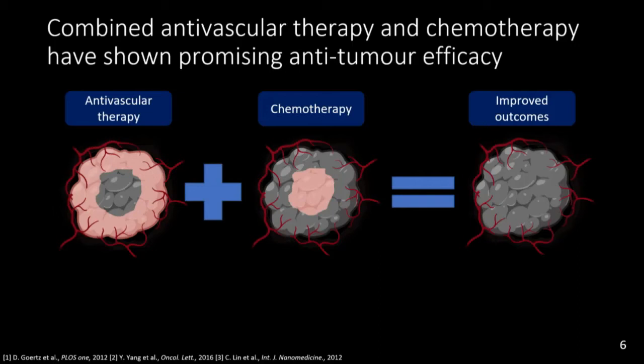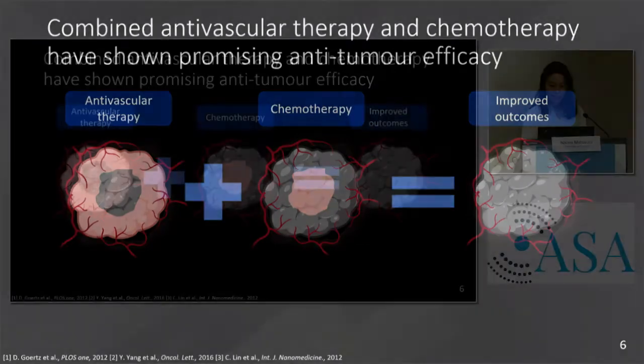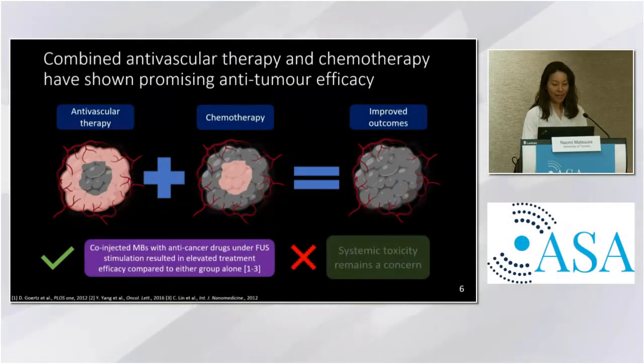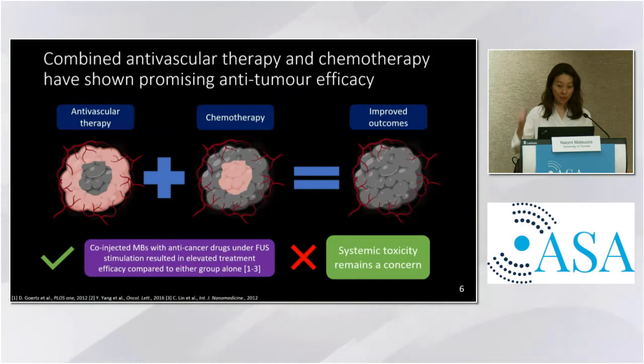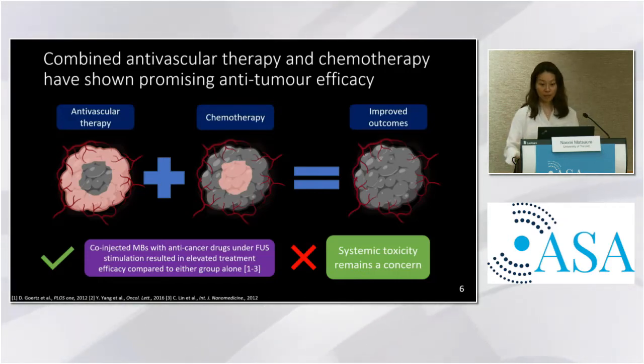Really what we're trying to do is combine this concept of antivascular therapy, popping the bubbles in the middle of the tumor, and then using the chemotherapeutic outside to handle the rim so that they can improve the outcomes of the patient. That would allow the co-injected bubbles to do the vascular disruption therapy, while also reducing the systemic toxicity that's been a problem in the past.